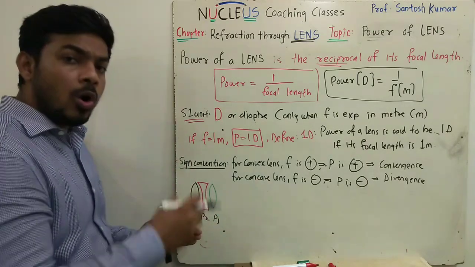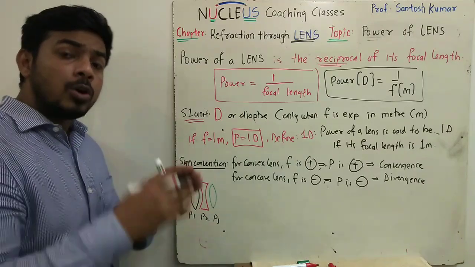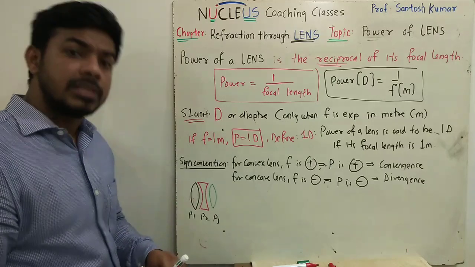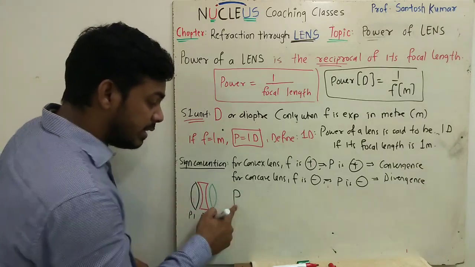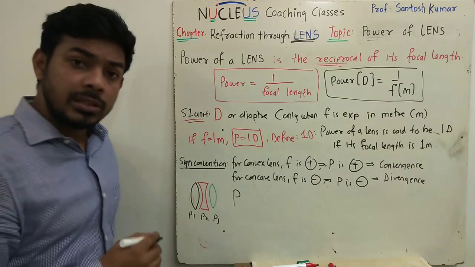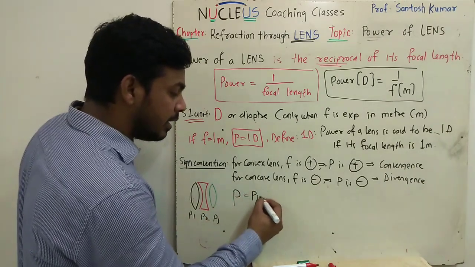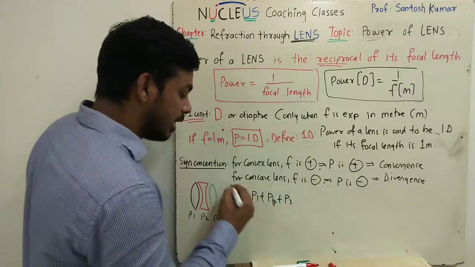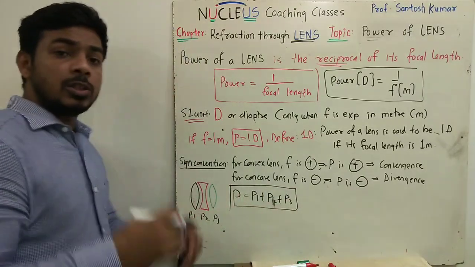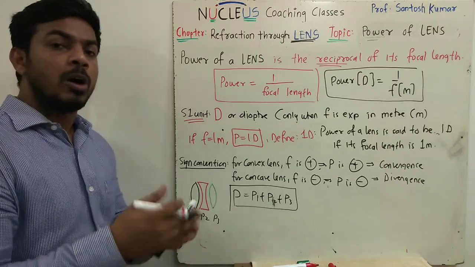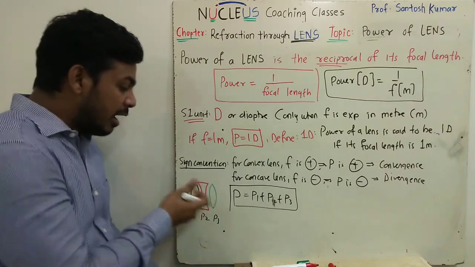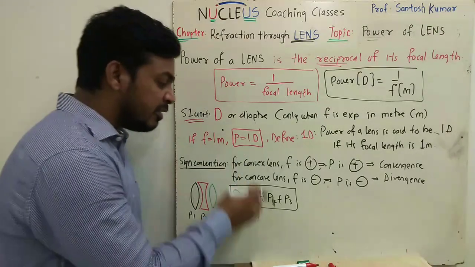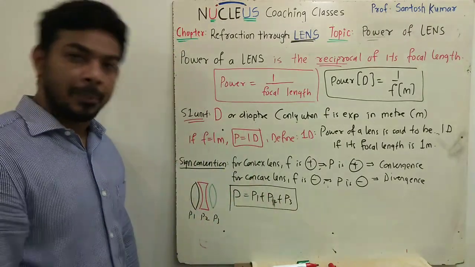So if there are 2 or more lenses, the power of the combination, or you can say the effective power of the system, is P. This P is the total power of the 3 lenses, and it will be simply the sum of the powers of the individual lenses. So if I have 2 lenses of power P1 and P2, the effective power will be P1 plus P2. And if I have 3 lenses of power P1, P2, P3 respectively, the effective power will be P1 plus P2 plus P3.